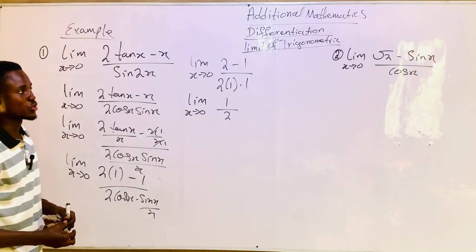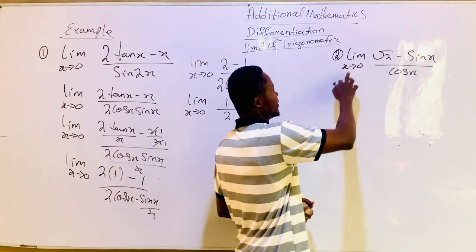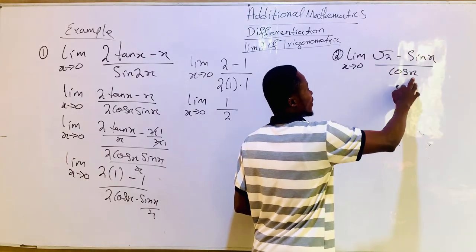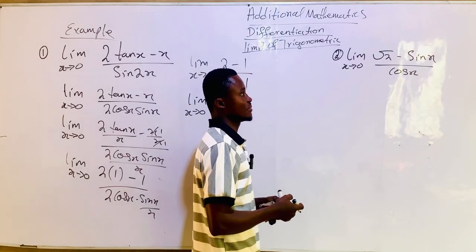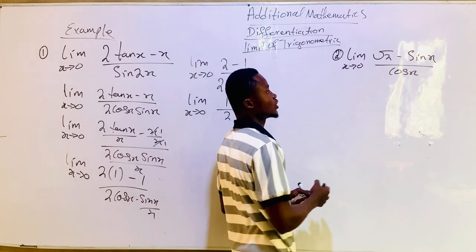Let's see example 2 on the board. This is another limit as x approaches 0 of (square root of 2 minus sine x) all over cos x. Over here, it is very simple. All that we are supposed to do is just pick the limit of each of them.